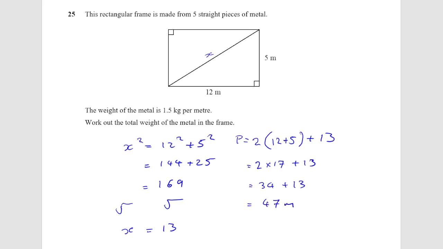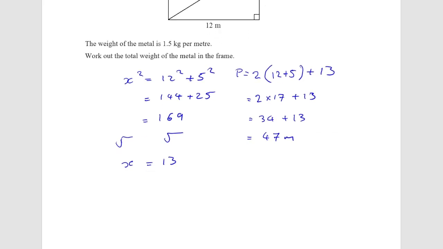And then if each meter is a weight of 1.5, so I want to do 47 times by 1.5. And a bit like before, I'm going to do 47 times by 15. So 5 times 7 is 35. 5 times by 4 is going to be 20, plus the 3, 23.